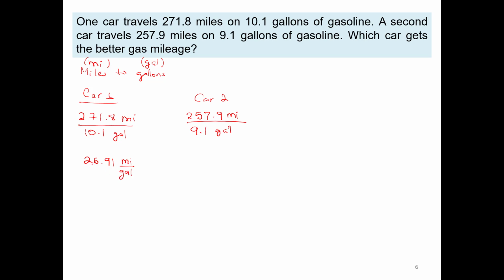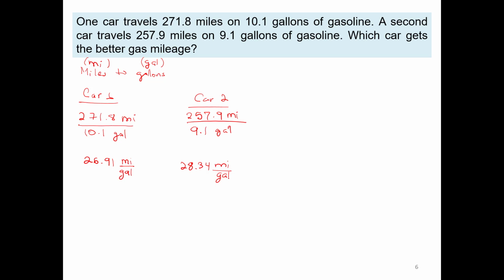This is for car one. For car number two, we divide 257.9 by 9.1, and we will have 28.34 miles per gallon.